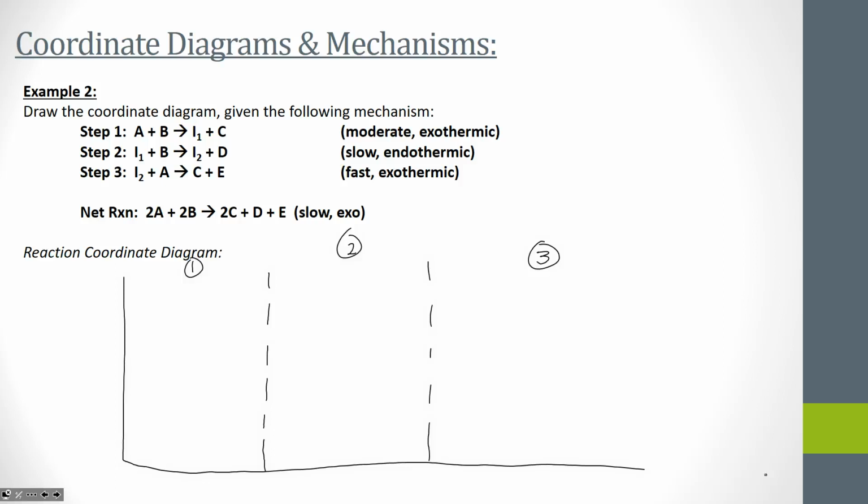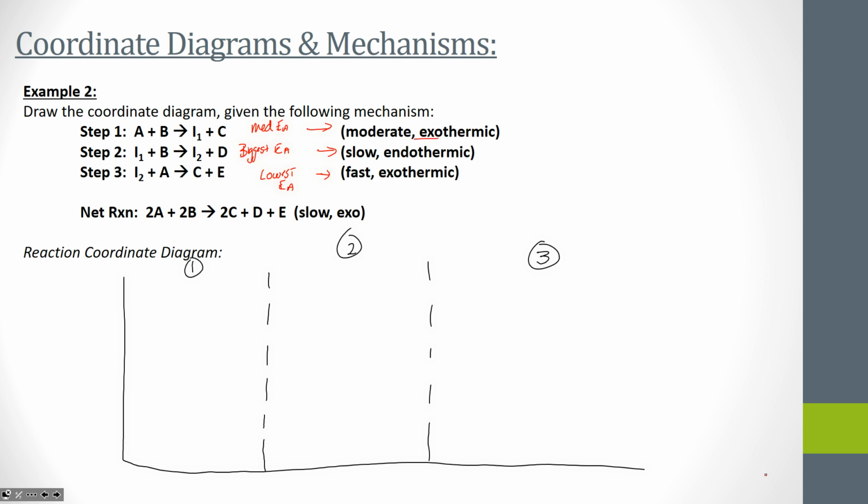If we look at our steps, our fast step has the lowest EA. Our medium step will have the medium EA, and our slowest step will have the biggest EA, because the bigger the activation energy, the slower the reaction.